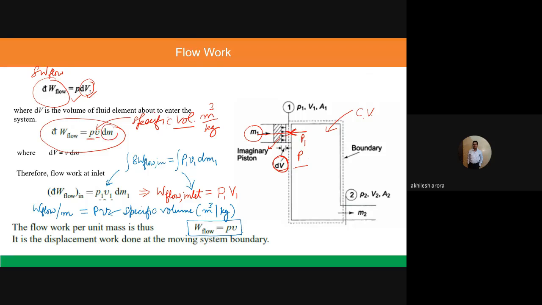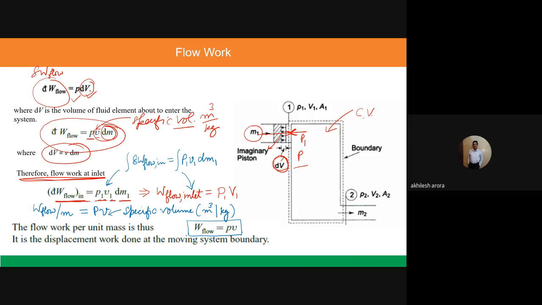And if dm is the small mass which is trying to enter into the control volume, then the total quantity v into dm is dV actually. So this is the same term, dV is equal to v into dm. Therefore, if I am calculating the flow work at the inlet, that value will be equal to P1 into v1 into dm1, where dm1 is the mass which is trying to enter into the control volume.